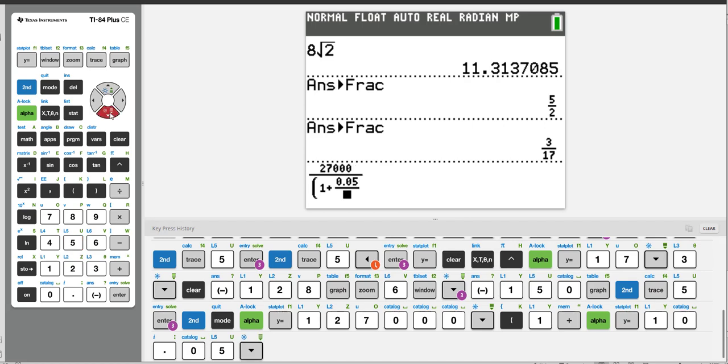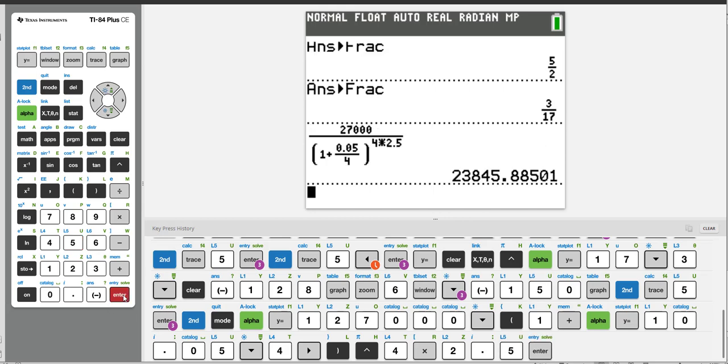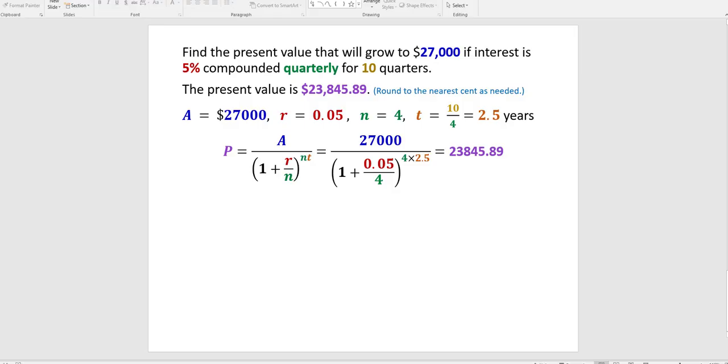Press 4, the right arrow, and close parentheses. Press the caret key. Type in 4 times 2.5. Press enter. Round the answer to get 23,845.89. $23,845.89 is your answer. We're done.